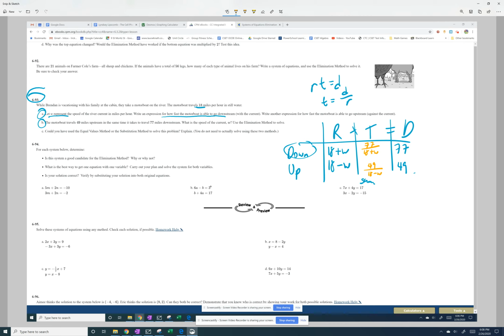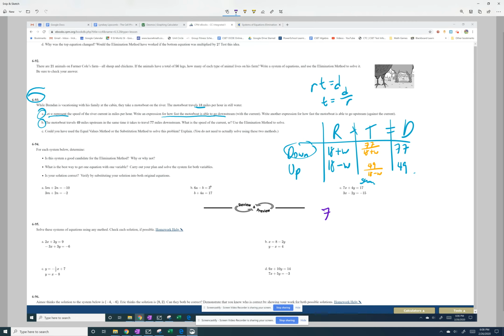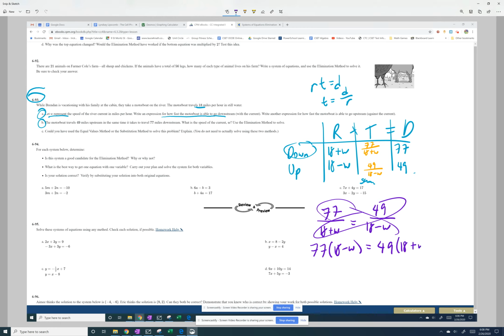And if the times are supposed to be the same, then my equation is going to be that the time downstream is going to equal the time upstream. And I can just solve that. Okay, so we do a little bit of loop-de-loop action. 77 times 18 minus W. 14 times 18 plus W.